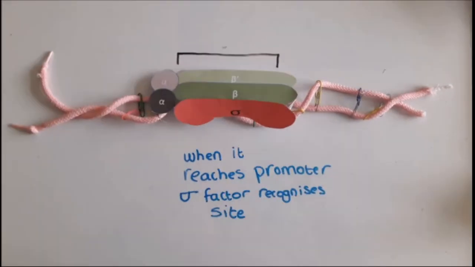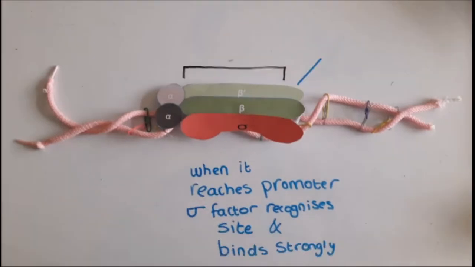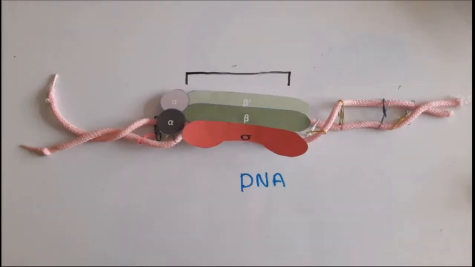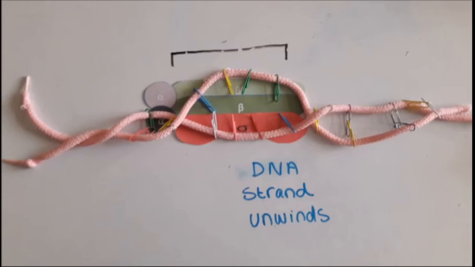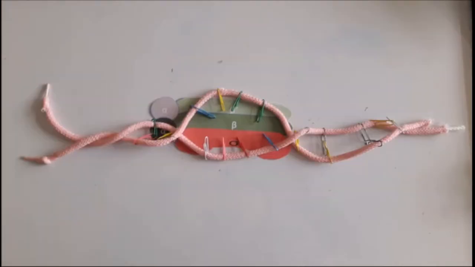At the promoter, sigma factor recognizes the site and binds tightly, and it forms a closed complex. Then the DNA strand within the complex unwinds and forms a transcription bubble, which is also called the open complex.